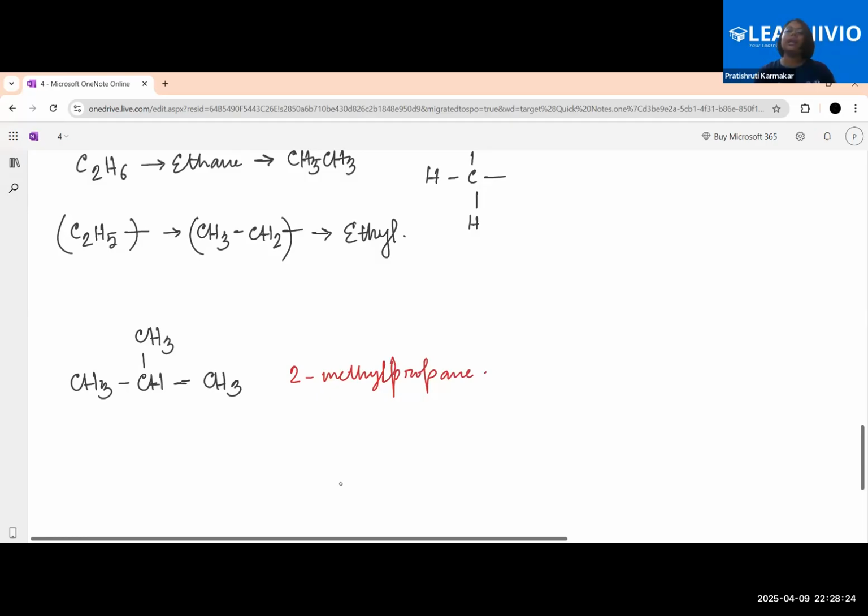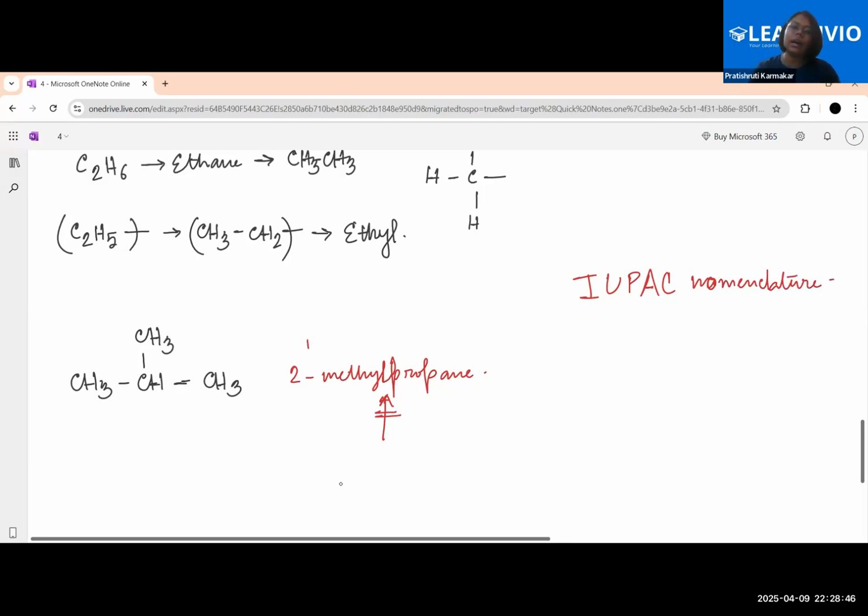Methyl propane. And as we know, we won't give any space between methyl and propane. That is the rule of writing IUPAC nomenclature. You have heard this term, right? IUPAC nomenclature. Yes, ma'am.